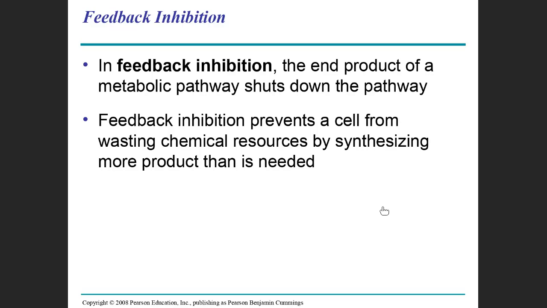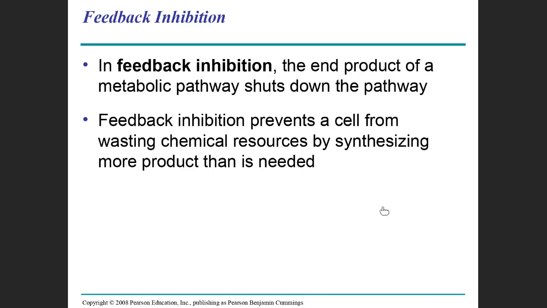And since these enzymes use ATP to perform their reactions, this saves the cell energy. So when a cell makes too much of a product, the actual end product is the inhibitor molecule. So the product made by that pathway acts like a non-competitive inhibitor. It binds to the allosteric site of an enzyme early in the pathway. It turns that enzyme off, and that shuts down the whole pathway.